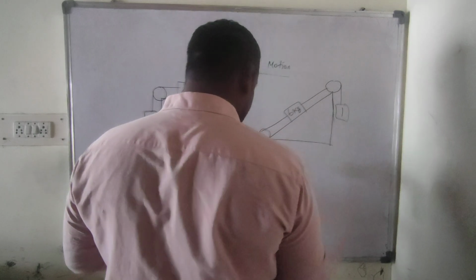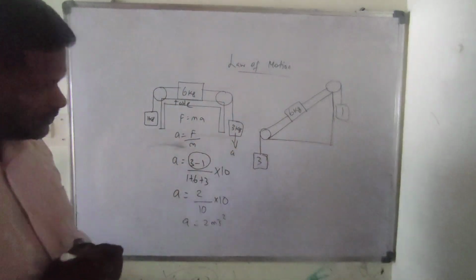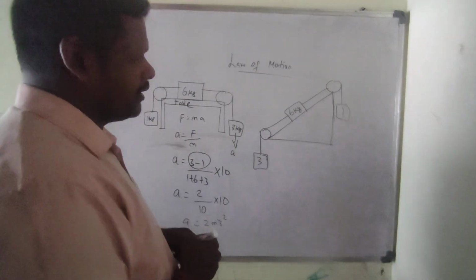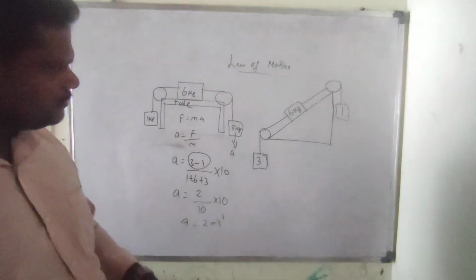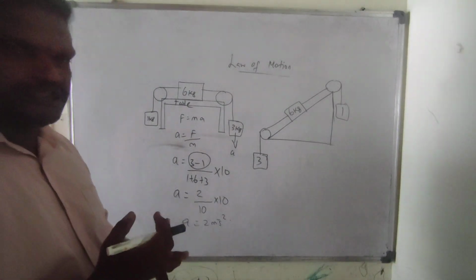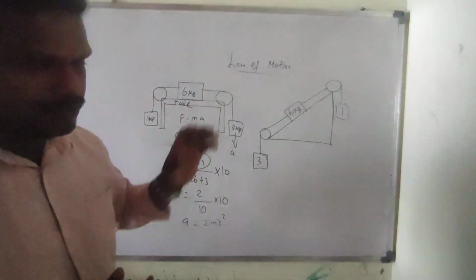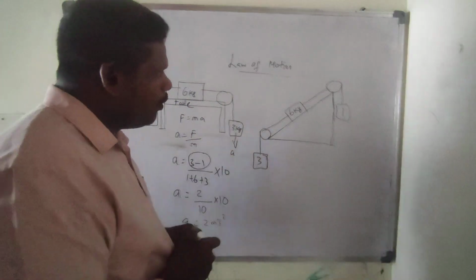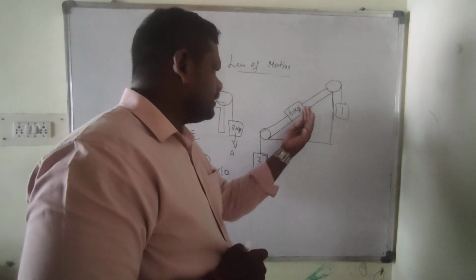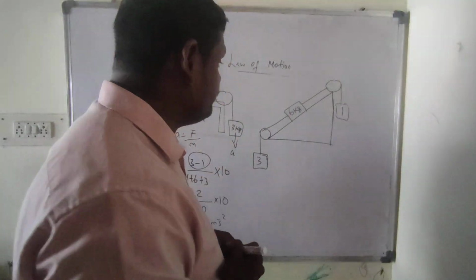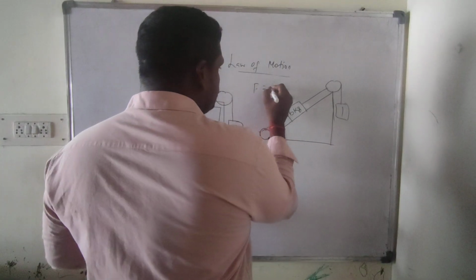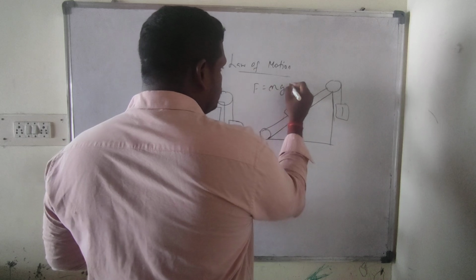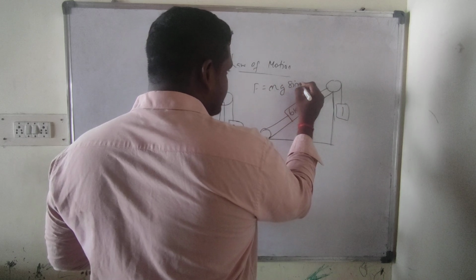Alright, here I put 1 kg, here I put 3 kg. Okay. So first model is that, this is the second model, this is the third model. So, inclined plane. What is the force exerted by the mass on the inclined plane? F is equal to mg sin theta.